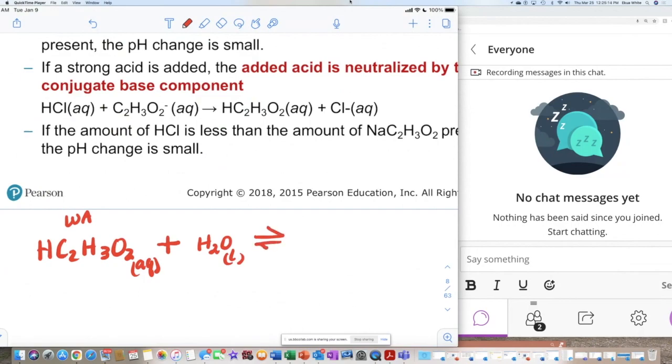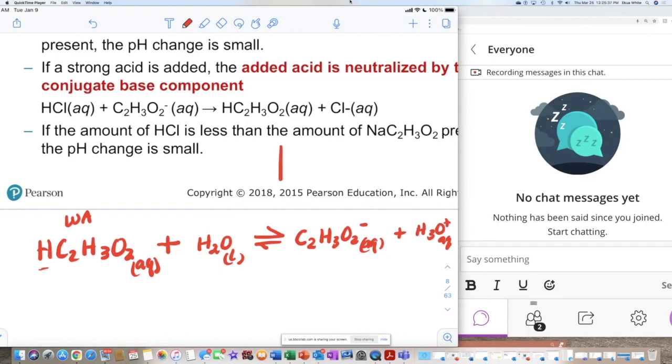And then over here, I have my conjugate base, C2H3O2 minus (aq) plus H3O plus (aq). So you see how the H that was lost here went to the H2O, so that's how we have this here. Okay, so I'm going to label the chemicals that are going to be neutralizing.